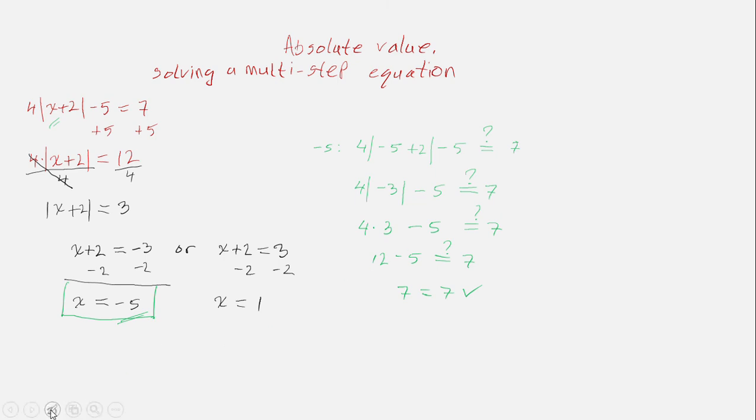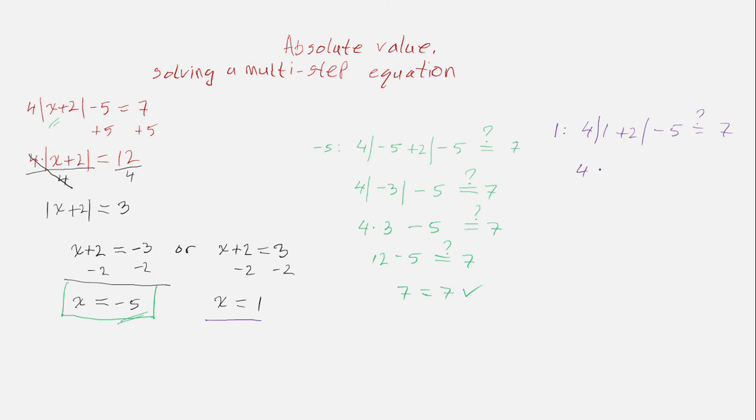Let's now do the same thing with positive 1. So if we try it with 1, again we plug it in instead of x into our original equation right there. So that means 4 times absolute value of, instead of x, we put 1 plus 2 minus 5 equal to 7. And again, we are checking whether this is true or not.